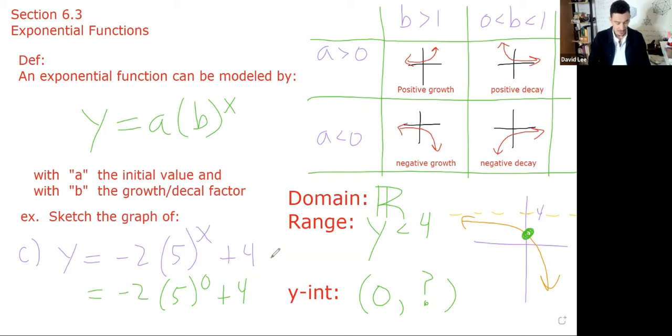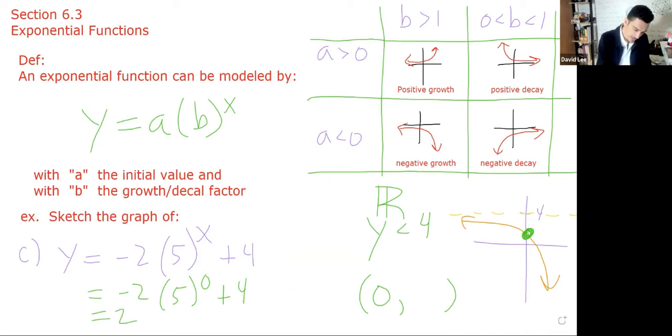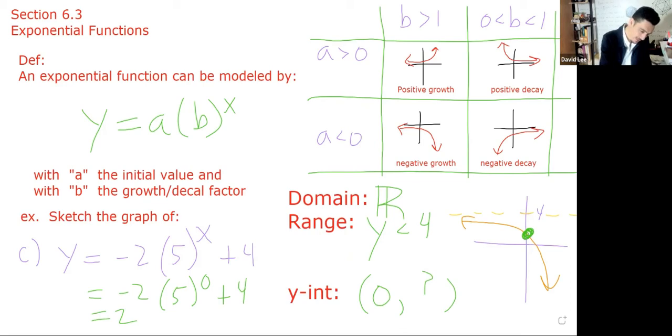And -2 plus 4 is 2, which is why this y-intercept is 2. It keeps erasing the whole thing. Let me just put a 2 here, I'll do it in purple. And so this would be 2, right? That would be 2 right there. And that makes sense because look, it's above the x-axis, so it has a positive y-intercept.